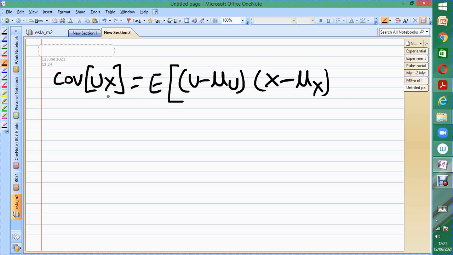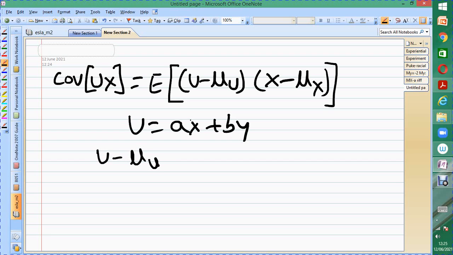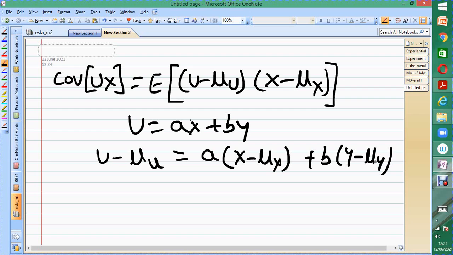Since u is in general expressed as ax plus by, for u minus mu u the entire equation is going to be expressed in terms of the mean itself, that is a into x minus mu x plus b into y minus mu y. That you need to remember.